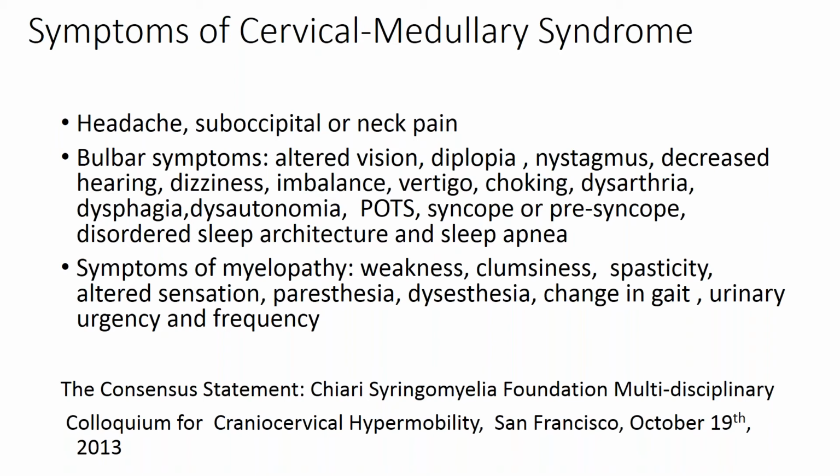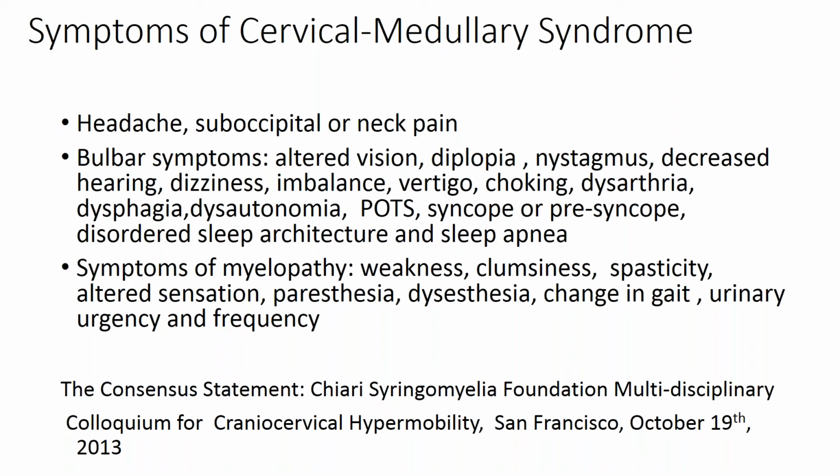There's a group of symptoms called bulbar symptoms because they're caused by compression of the cranial nerves, and they include altered vision, double vision, abnormal movement of the eyes called nystagmus, problems with hearing.